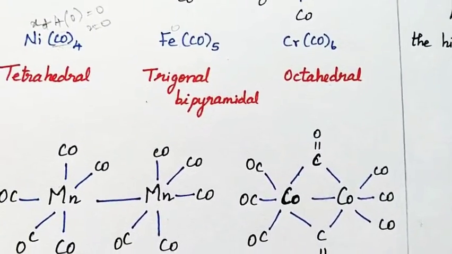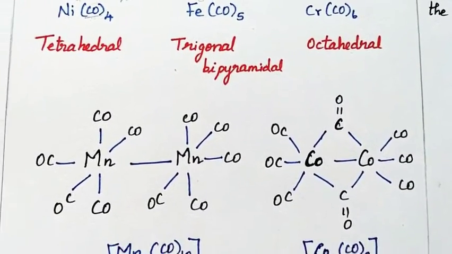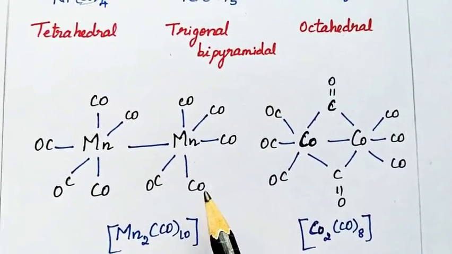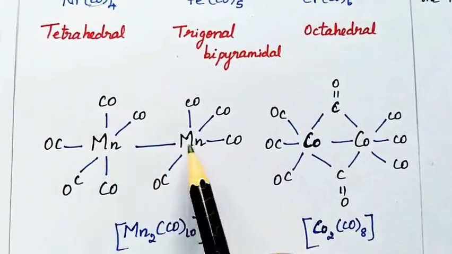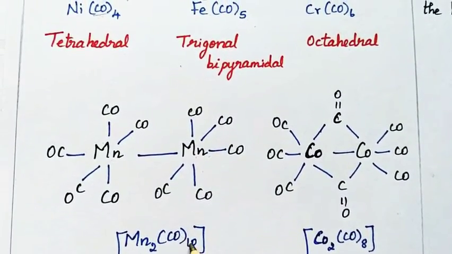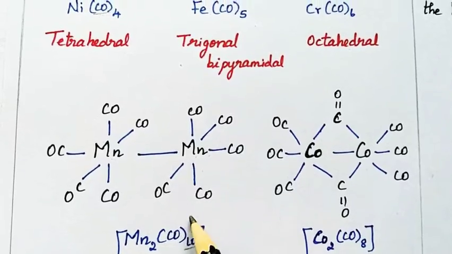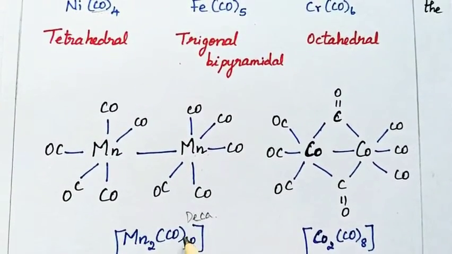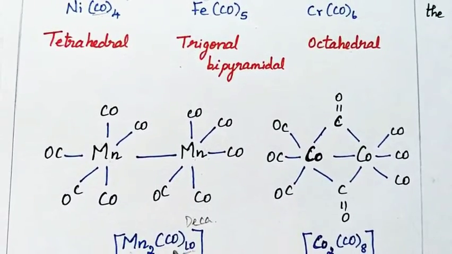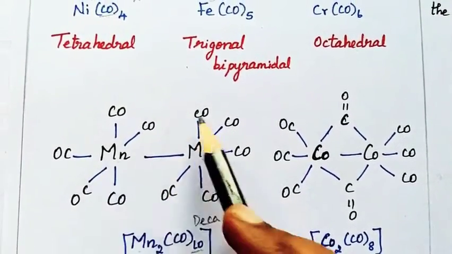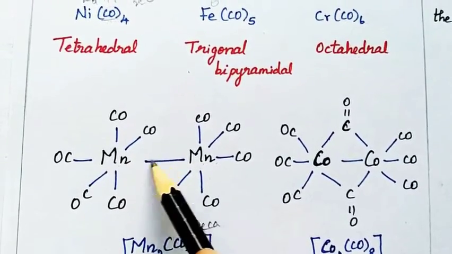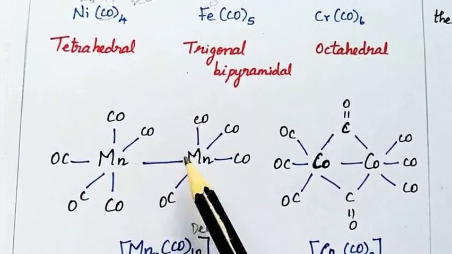The first example is decacarbonyl dimanganese 0. Here 2 manganese atoms are there and a total of 10 carbonyls, so we use the prefix deca: decacarbonyl dimanganese 0. In this structure the two manganese atoms are linked by a manganese-manganese linkage.